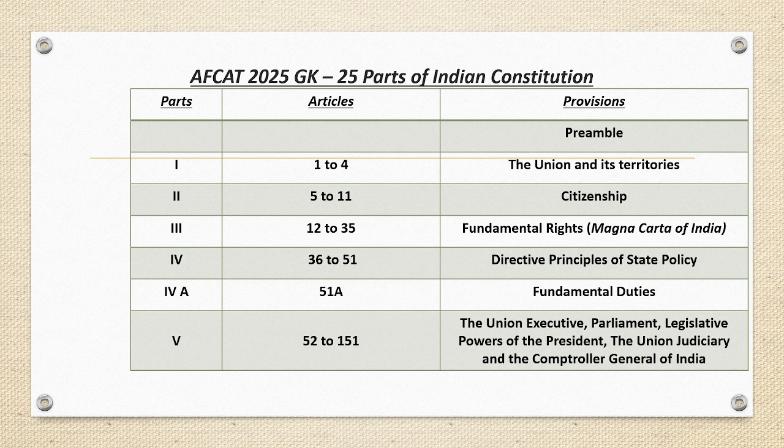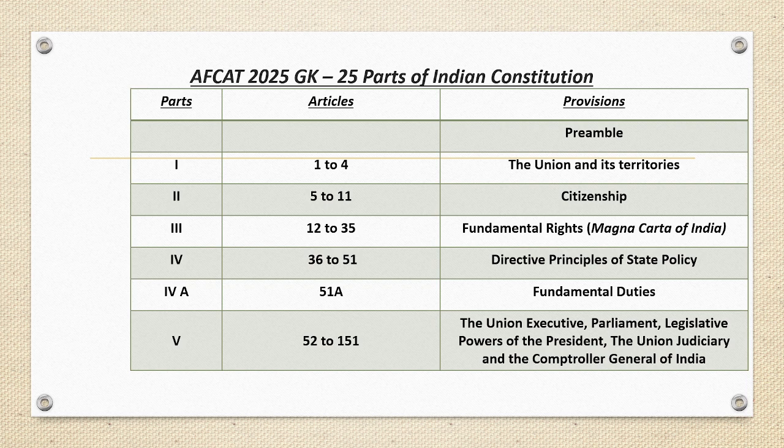Then we have part 4, articles 36 to 51, and this part 4 contains directive principles of state policy. Then we have part 4A, and there is only one article in this part, that is 51A, which discusses fundamental duties.